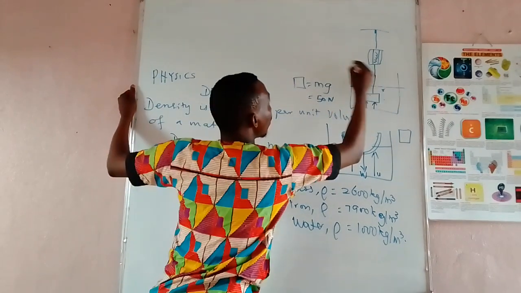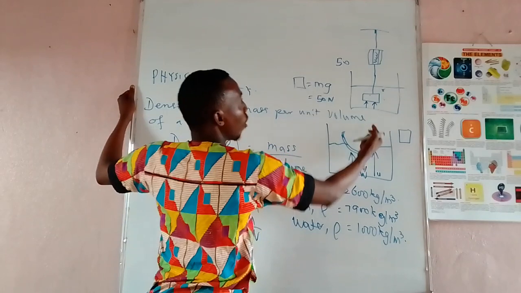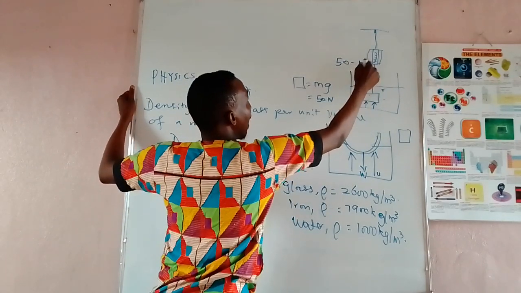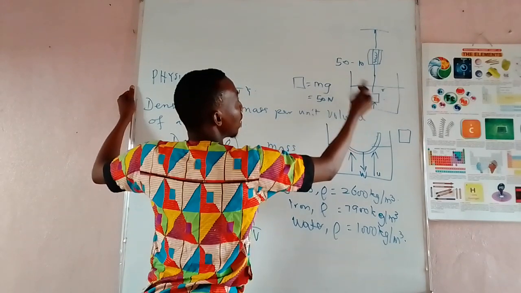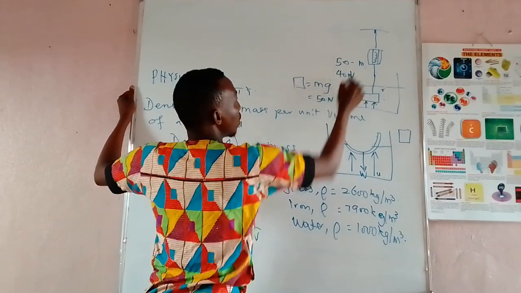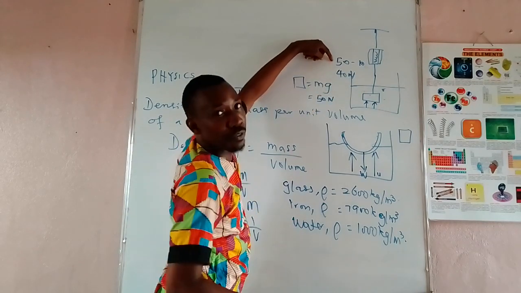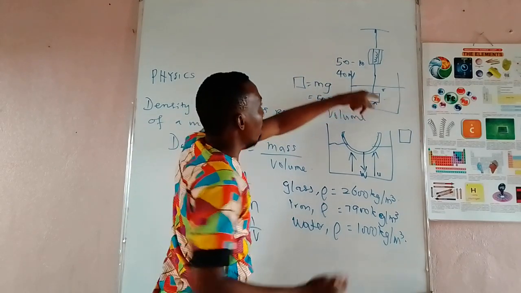So if it's 50 Newton in the air, and an upthrust of, let's say, 10 Newton acted on it, the weight of this thing will now be what? 40 Newton. But there's a way we can increase this upthrust so that it will be equal to 50 for it to float.